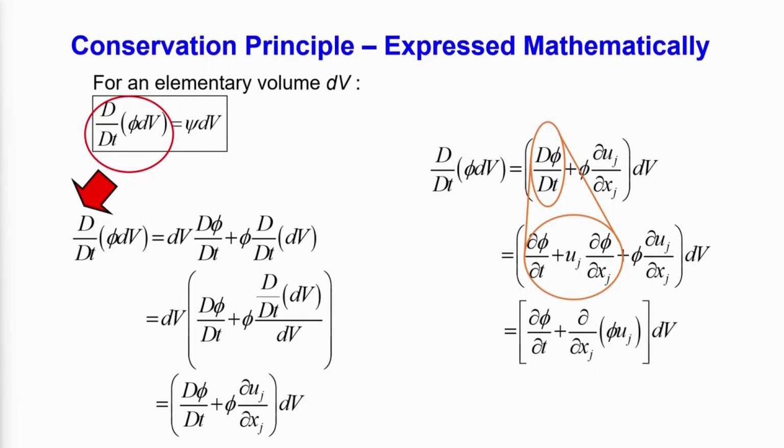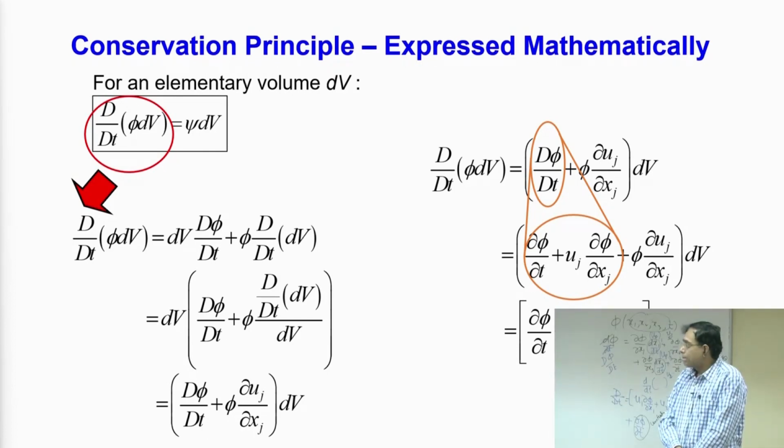So, now if you come to your conservation principle expressed mathematically, what we are doing is, if you see the left hand side, you have d/dt of this phi per unit volume times dV.